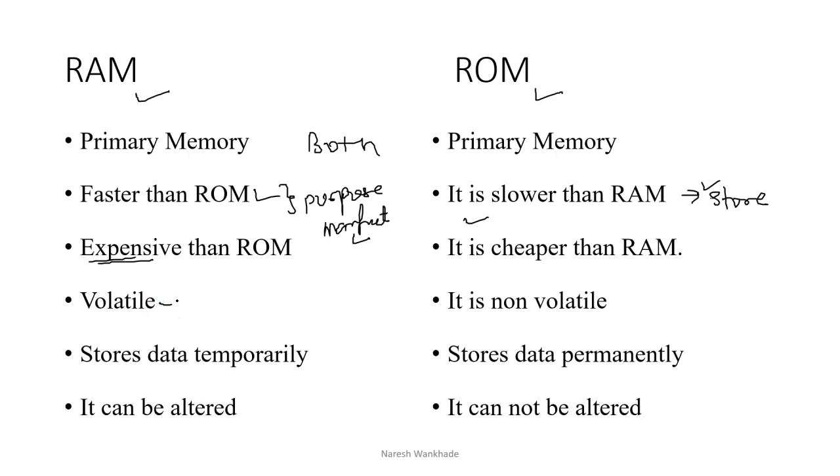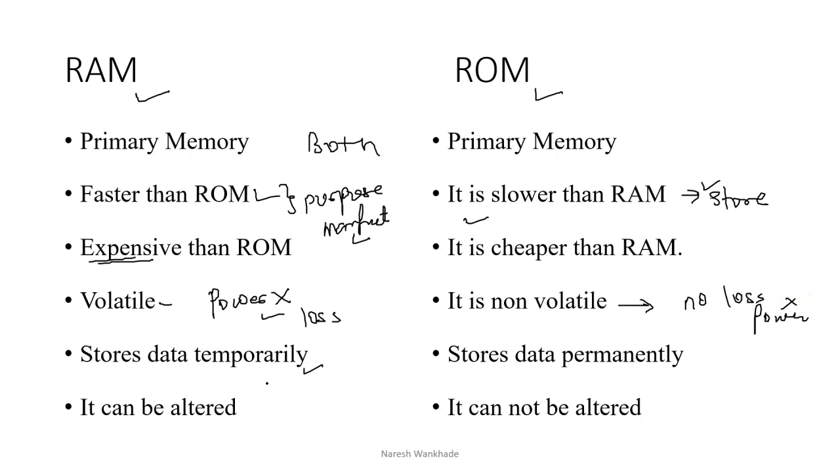RAM is volatile, meaning you are performing certain operations and meanwhile there is a power interruption. This power interruption will affect the data; there will be loss of data. As far as non-volatile memory is concerned, there is no loss of data even if there is a power interruption.